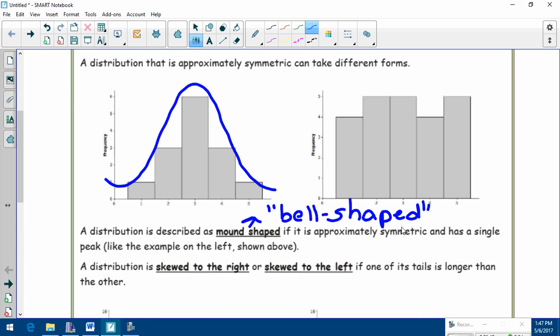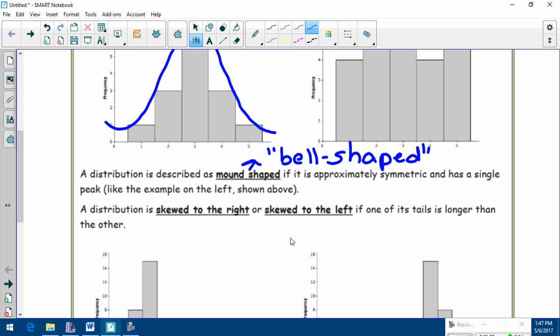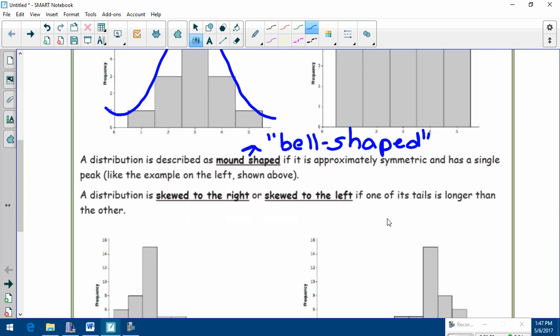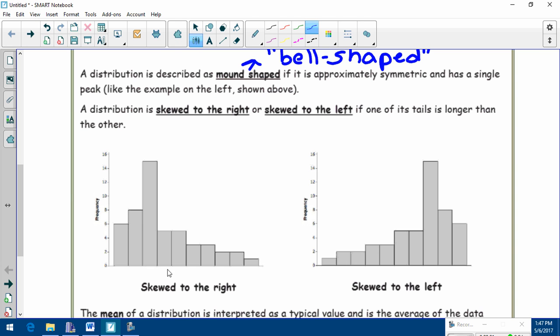Next way we can describe a distribution is as skewed to the right or skewed to the left if one of the tails is longer than the other. So like this over here is called skewed to the right. Most of the data is over here on the left, where that bell is, but then I've got this extra long tail on the right.